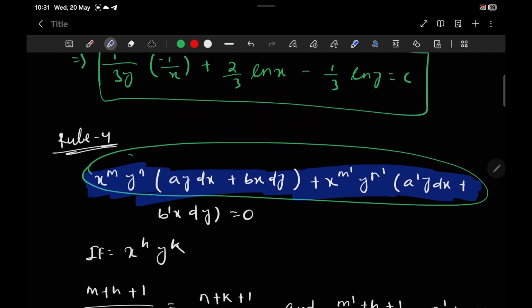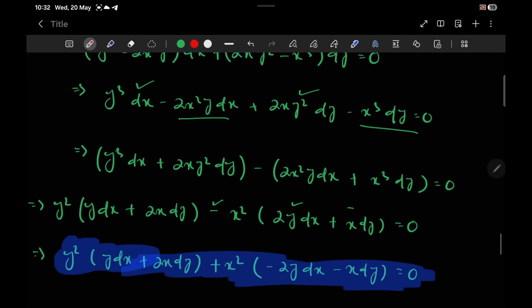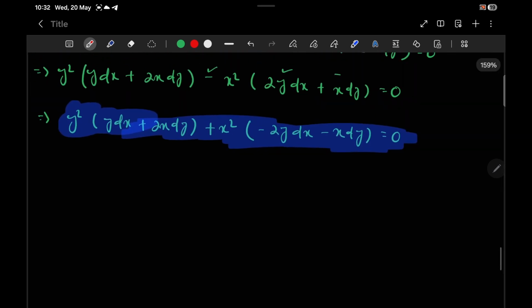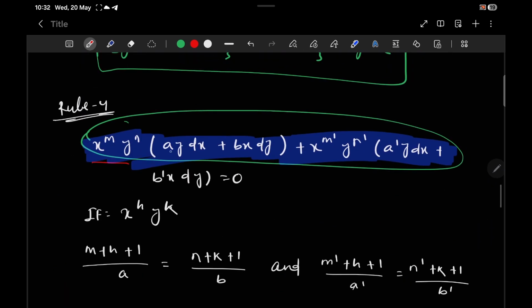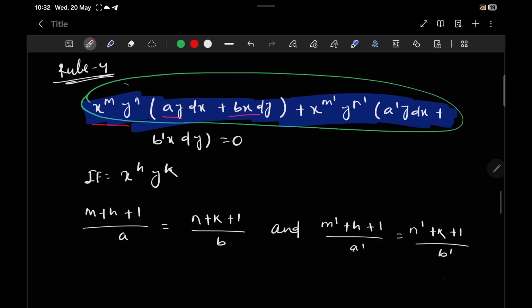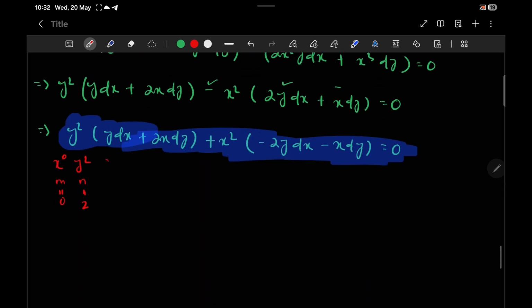How? Because for the x to the power m, y to the power n, we have x to the power 0 and y square. Here m is 0, n is 2, and y dx plus x dy, that is ay dx and bx dy. So here a is 1 and b is 2. Exactly like this.